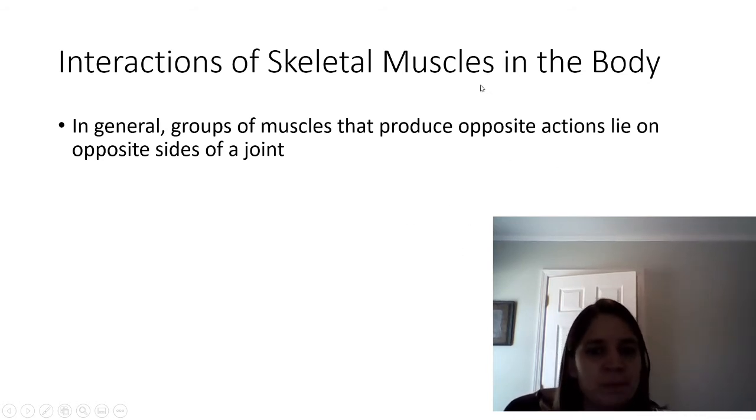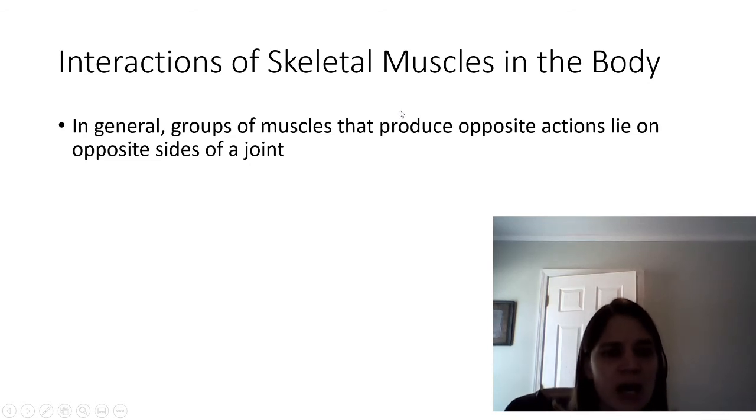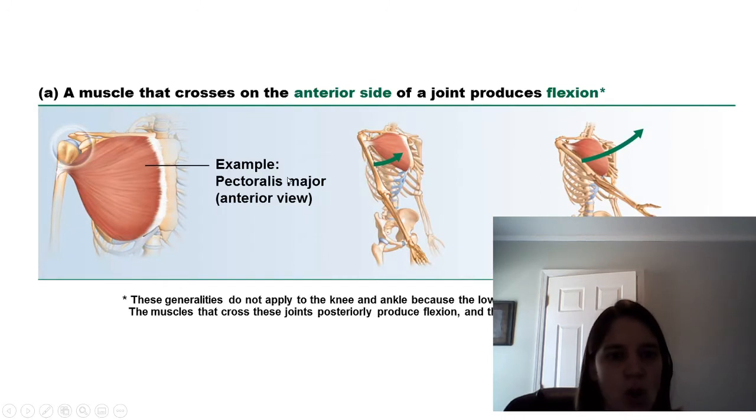Okay, so typically groups of muscles are going to act in such a way that they produce an action on the opposite side of the joint. You've got your pecs right here, right? As they contract, if it crosses on the anterior, the front of the joint, you're expecting it to have flexion.